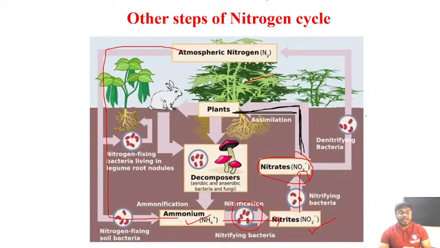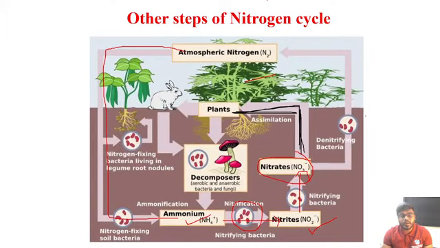Now the question is like this. Suppose we don't utilize the nitrogen. Listen to my statements carefully. If we don't utilize the NO2, NO3, NH3, NH4, what will happen? They will be stored. Friends, those stored forms will become extremely toxic.